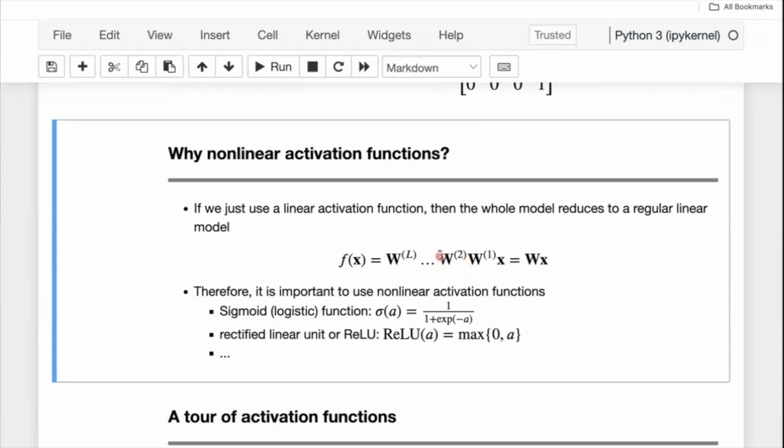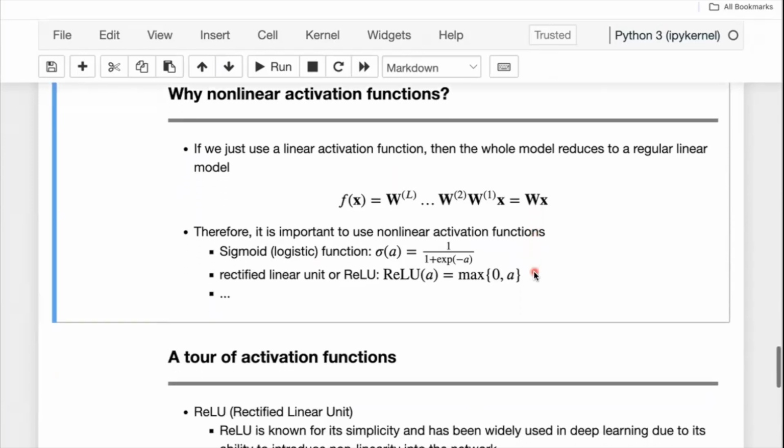And then the same thing will happen to the result of this first transformation up to when you get to your last layer, where assume that here we have L layers. Therefore, all these matrices can be multiplied together, and this is just a simple linear model. So as you see here, if you don't use any nonlinearities, you just end up with a simple linear model, and there is no way of being able to extract nonlinear patterns. Therefore, you want to use nonlinear activation functions.